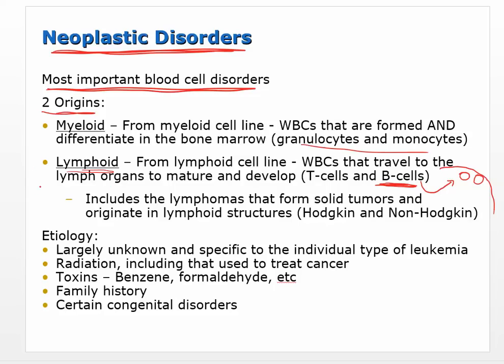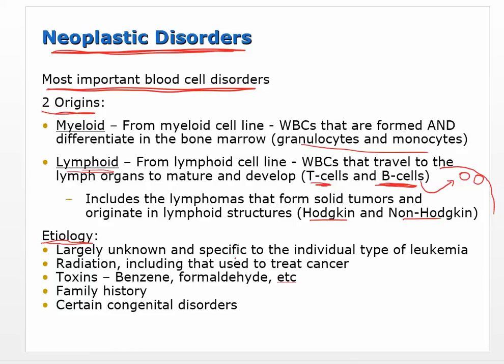When we're talking about leukemias, the leukemias will include lymphomas, but lymphomas are solid tumors that affect the T cells and the B cells. Lymphomas are solid tumors, and those are Hodgkin and non-Hodgkin. So we're going to talk about all of these things. I don't mean to say too much about it or confuse you, but we're going to talk about each of these individually.